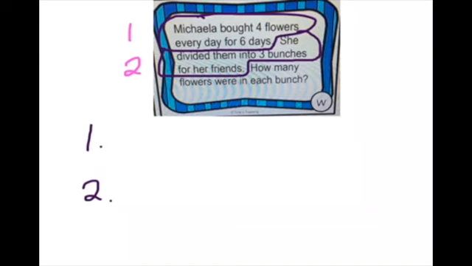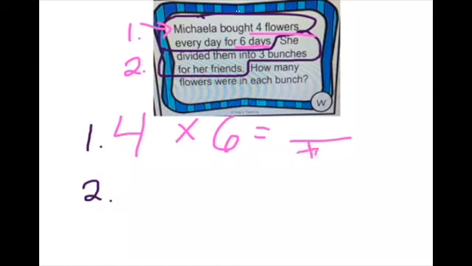Okay, I'm going to try this problem. So, as I said, let's look at the first sentence. Michaela bought 4 flowers every day for 6 days. So 4 flowers every day for 6 days. I know that we probably need to find out how many flowers she bought total. So that means I'm going to multiply because I need to find the total. 4 times 6, that is 24.